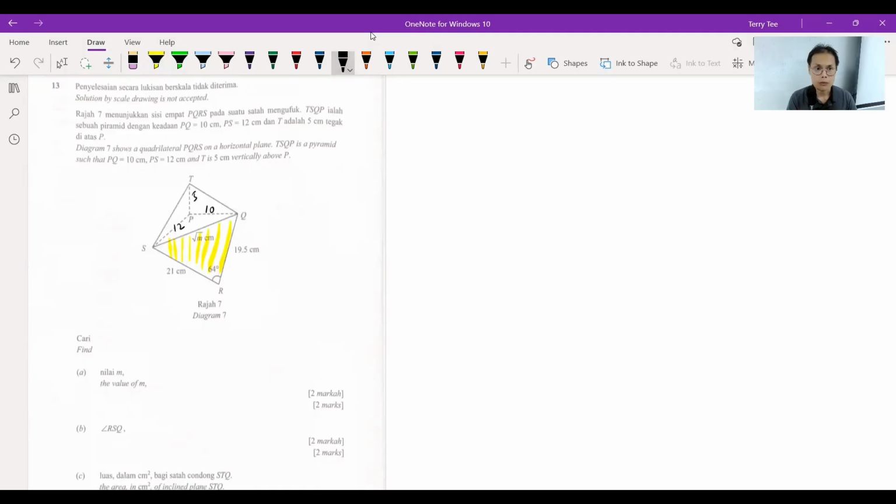So SQ square is now 21 square plus 19.5 square minus 2 times 21 times 19.5 cos of the angle in between, 64.